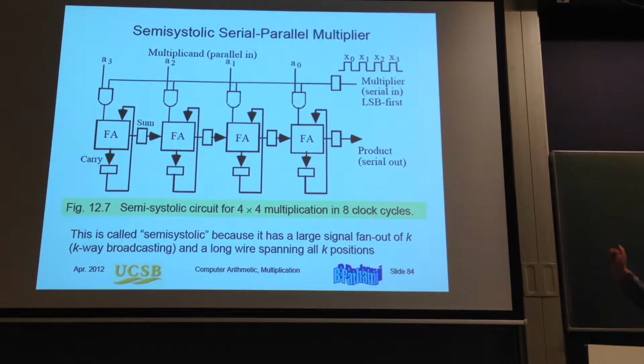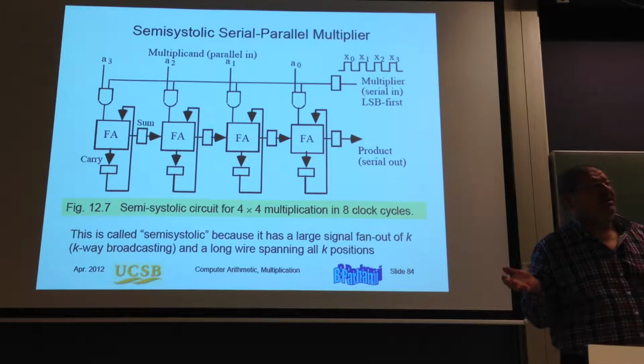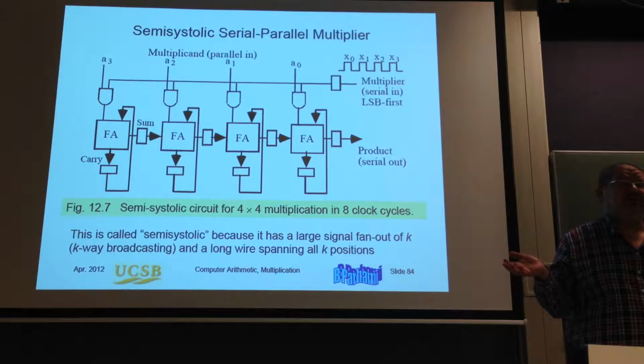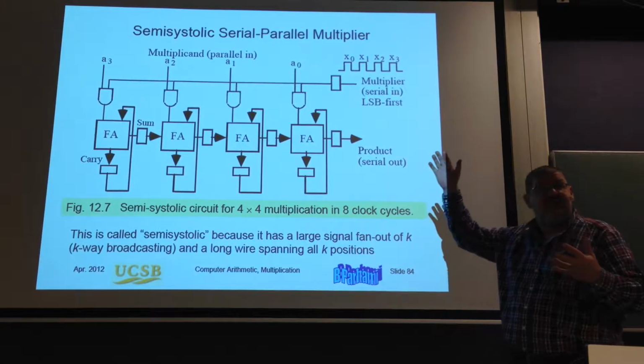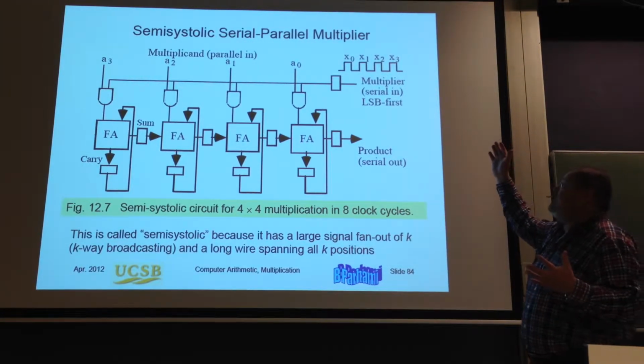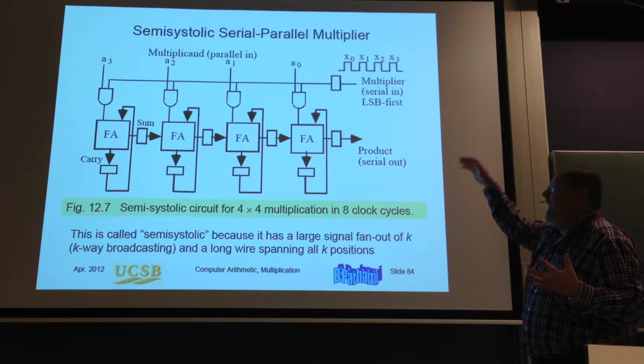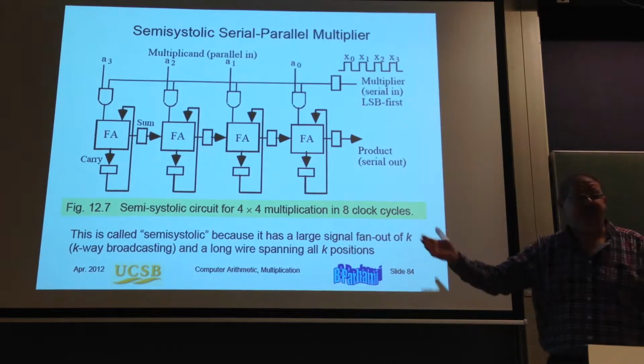Right? I was thinking more about an application, and an application might be a filter. In a digital filter, I know the coefficients, and they may change, but I know them, and then I obtain the data. Then if A are the coefficients, and X is the variable, I can do serial multiplication with this.